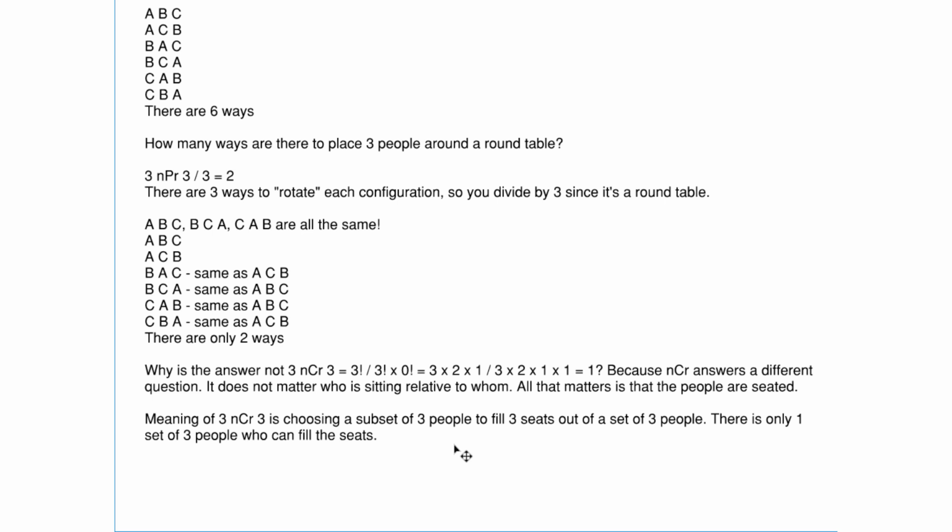And there is only one set of 3 people who can fill the seats. Why? Because there are only 3 people, you're choosing 3 of them. There's only one way to choose 3 people out of 3 people. So that is what the choose or the combination answers.